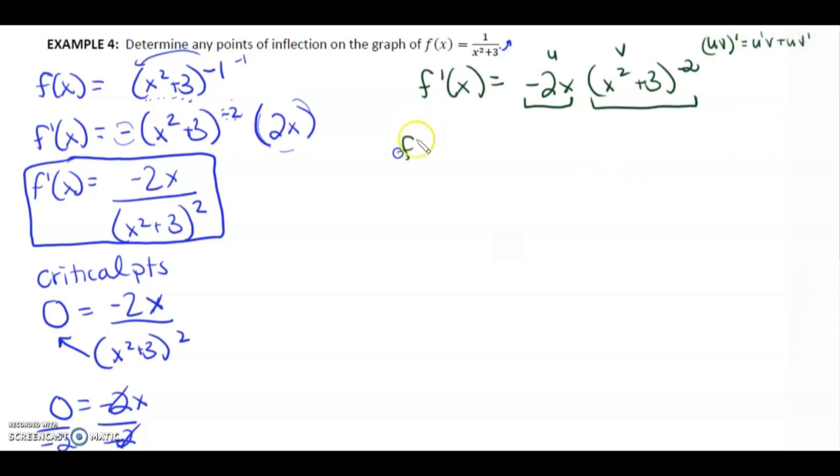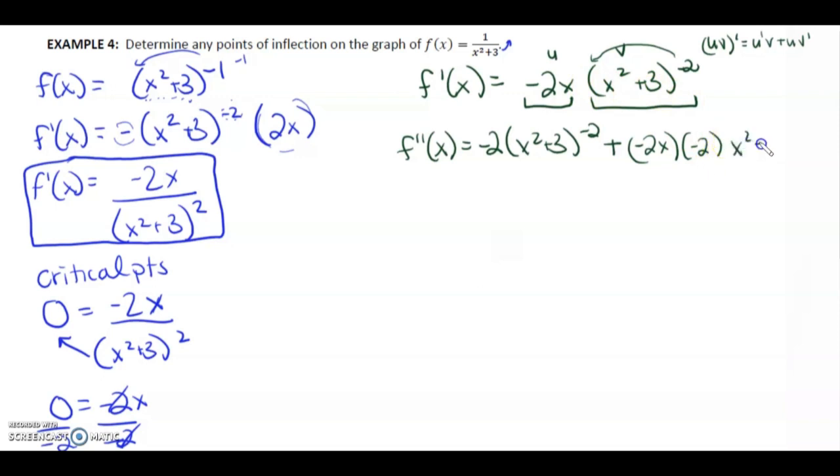Okay, so f double prime of x equals derivative of u, which is negative 2, times v as it is, x squared plus 3 to the negative 2, plus u as it is, negative 2x, and then v prime. So we're going to bring down this negative 2. We're going to write x squared plus 3. Okay, subtract 1 from there is negative 3. And then multiply that chain rule by the derivative of the inside, which is 2x.